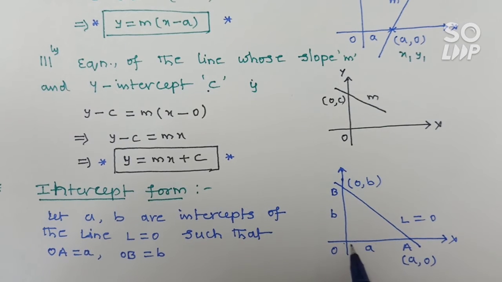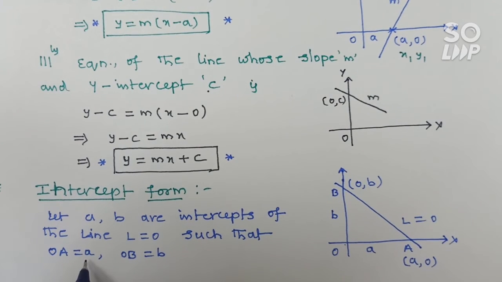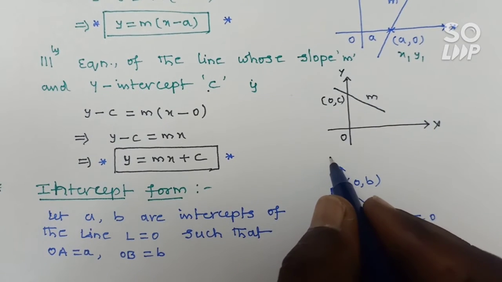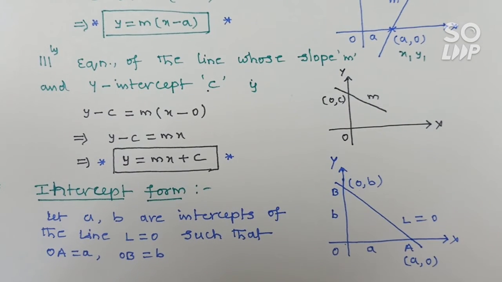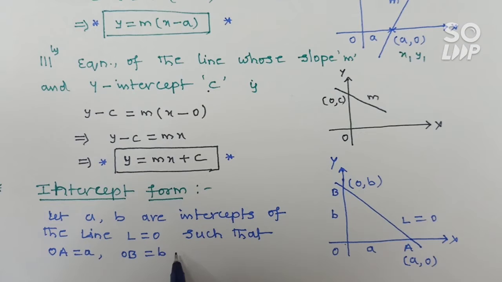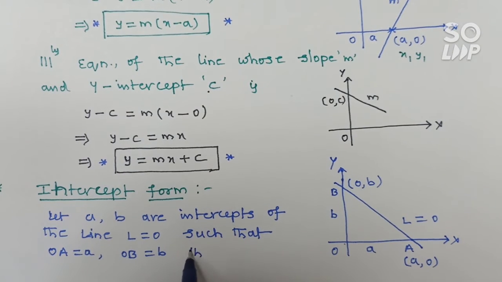Here OA is along the x-axis, so a is called the x-intercept, and OB is along the y-axis, so here b is called the y-intercept.